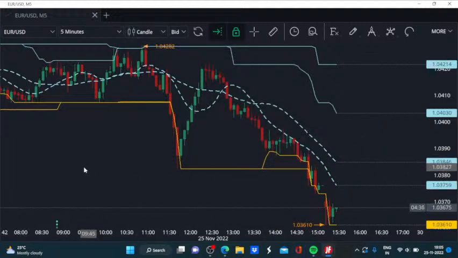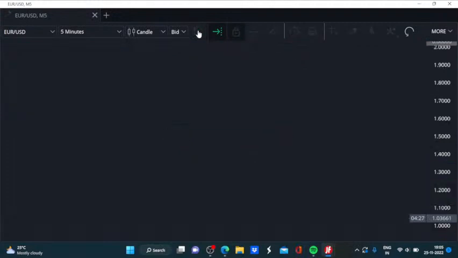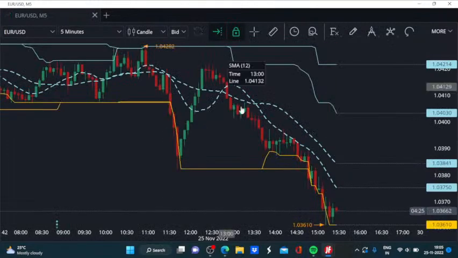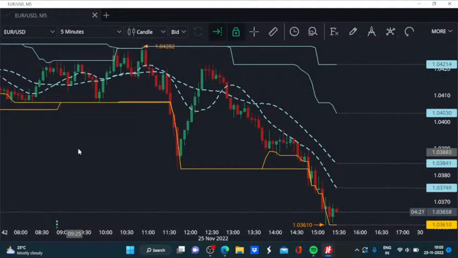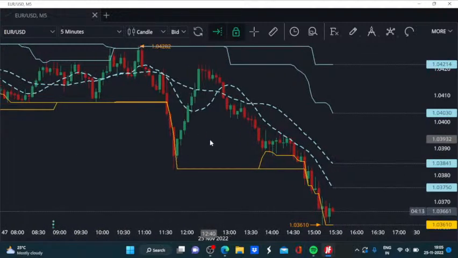So we have the sentiments on the bearish side, which are much stronger compared to AUD in the case of the Euro USD. So if you were to go short in the near future, the Euro USD will be a better choice compared to the AUD USD, which is lagging both in terms of timing as well as in terms of the magnitude of the decline.